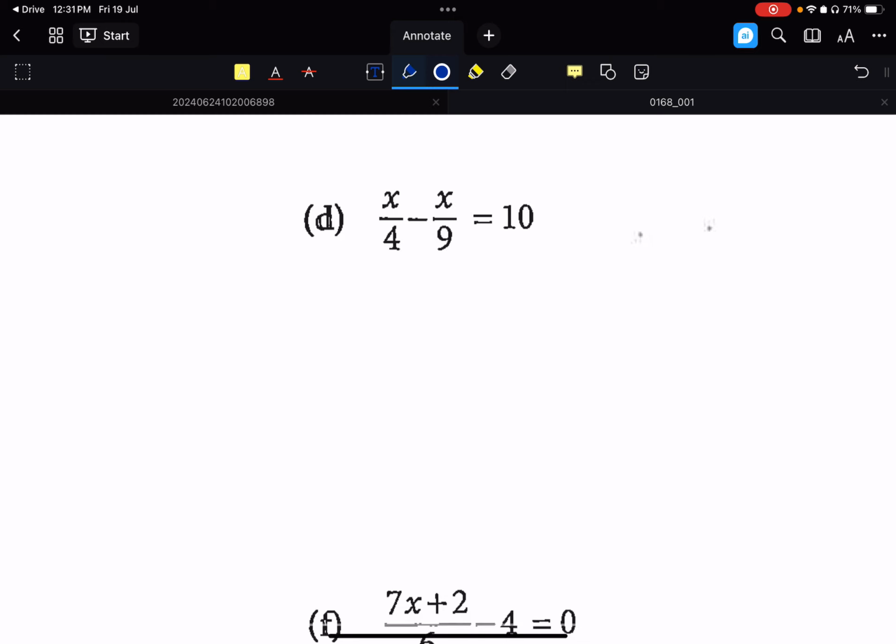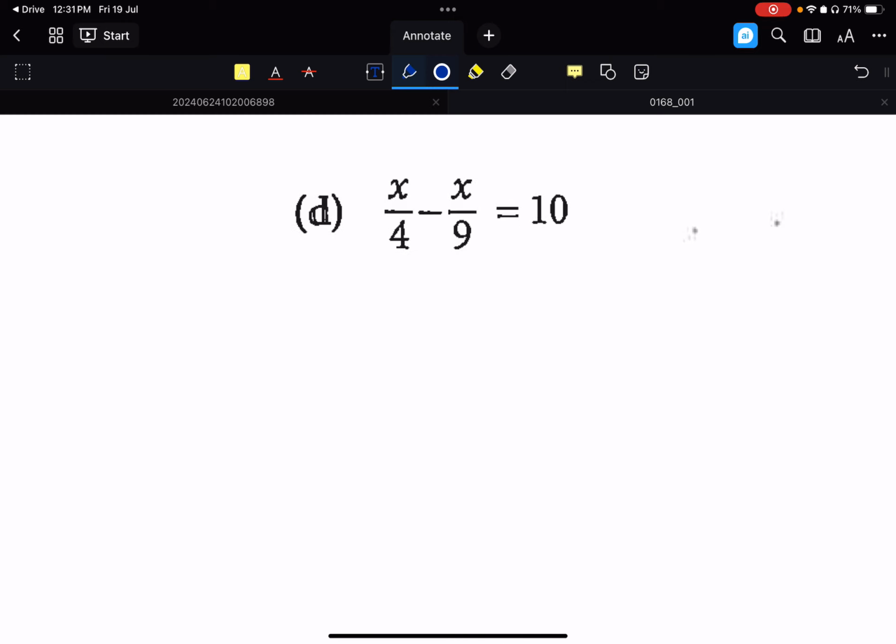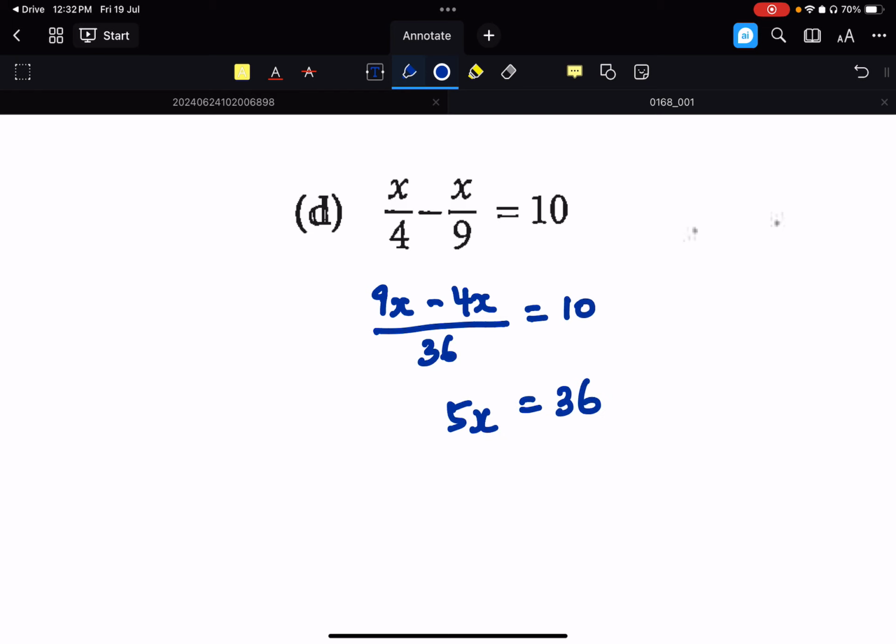Okay? Right, here, same situation. We have a quarter, but if you really want to, we can make them common denominator. It's not that difficult. So in this case, I can go 9x minus 4x over 36 equals to 10. 5x equals to 360.